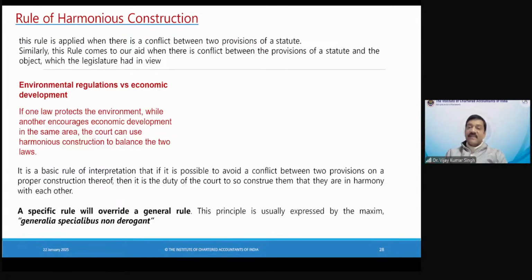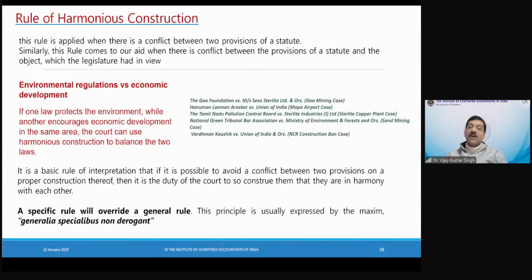And it has done that in a number of cases, as you will see: Goa Foundation versus Sesa Sterlite, the Goa mining case, the Mopa Airport case, the Sterlite copper plant case, sand mining cases, and the NCR construction ban case. These are the different cases in which the harmonious construction rule was utilized by the court to harmoniously balance two kinds of legislation.